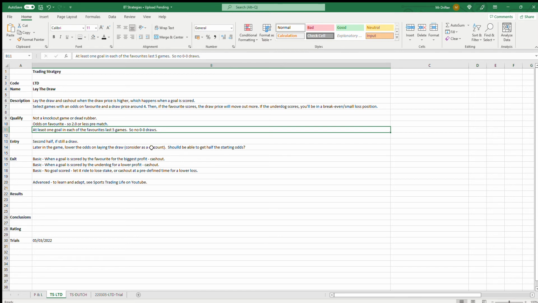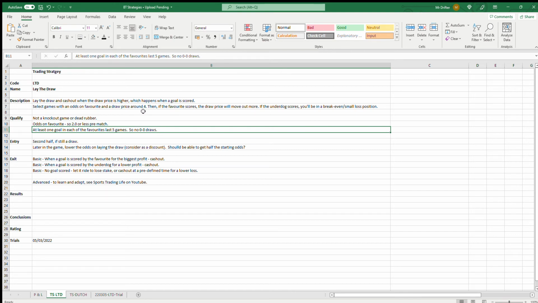So for example, before the game, you'll typically get odds of 4.0. By half time, that's getting lower and lower because you've used half the game up. 45 minutes have gone, it's still a draw, and there's only 45 minutes left for one team to win it. So typically the odds are a lot lower than 4.